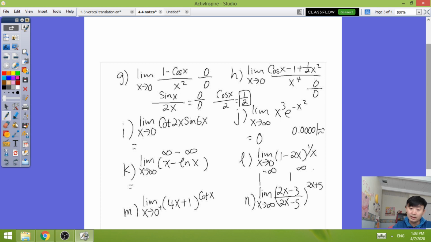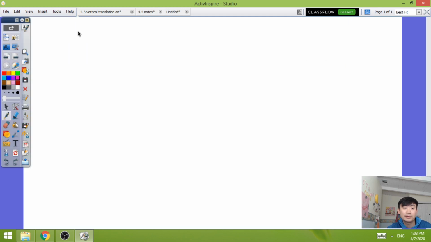And for N, we have the limit as x goes to infinity of the quantity 2x minus 3 over 2x minus 5, to the power of 2x plus 5. Okay, so we'll do some practice for these.